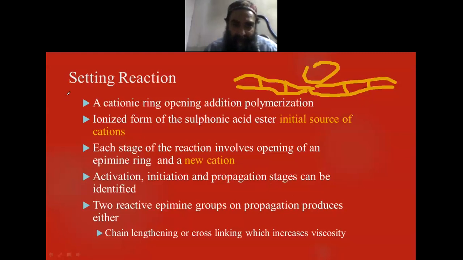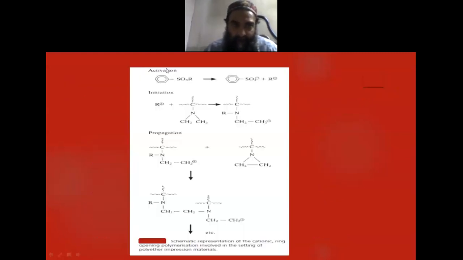And you can see the activation. This is the reaction product which becomes activated.